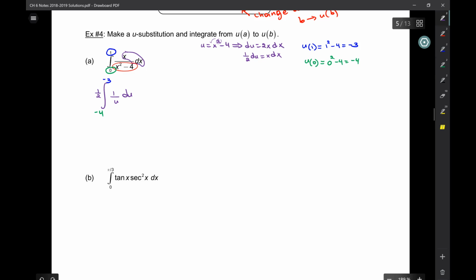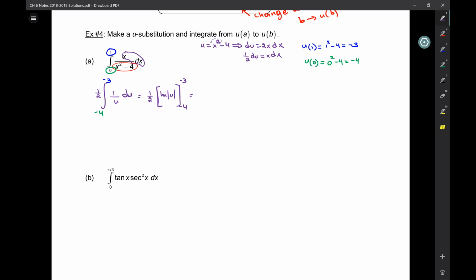Now, can I take an integral of this? Yeah. It's going to be 1/2 of what? 1 over u, so ln of u from -4 to -3. Notice, I keep the absolute value in there.